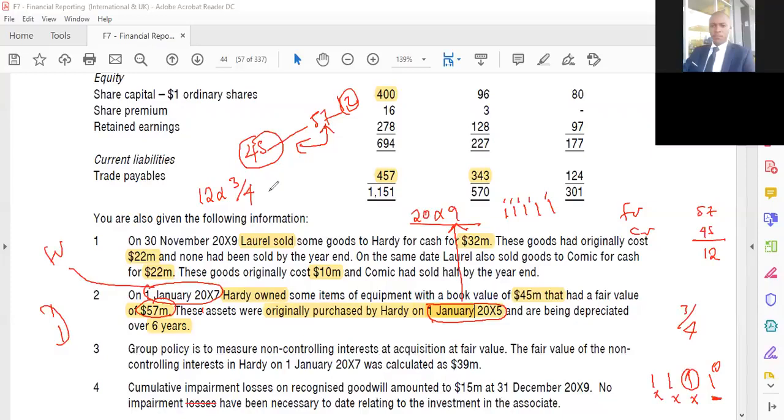What do we have? 9. We have 9. So that means the depreciation is how much? How much is our depreciation figure?